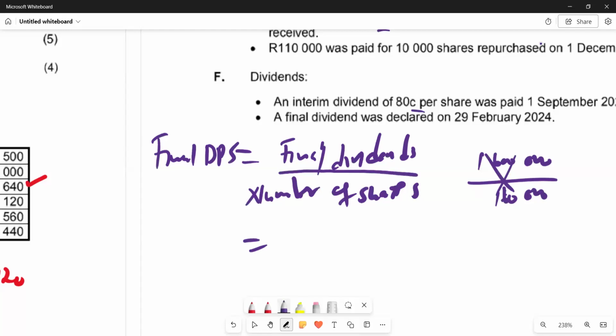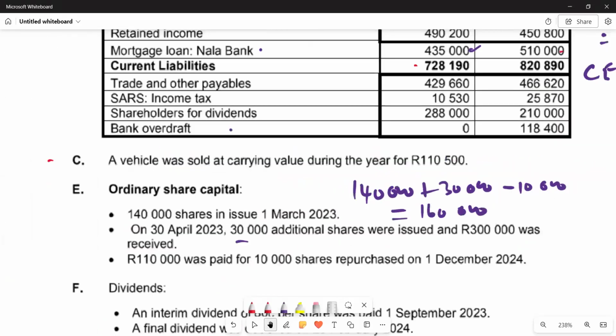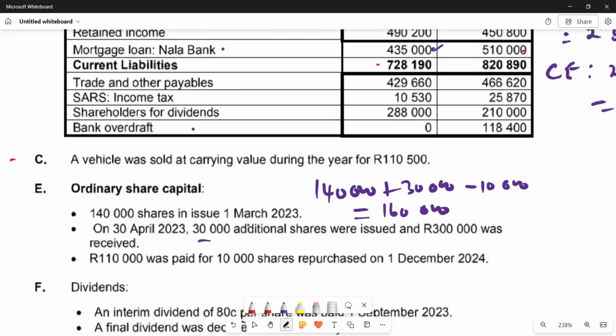In this case, the final dividends, you get them in the list of balances. We've got final dividends here being 288,000. So we've got 288,000 representing our final dividend.